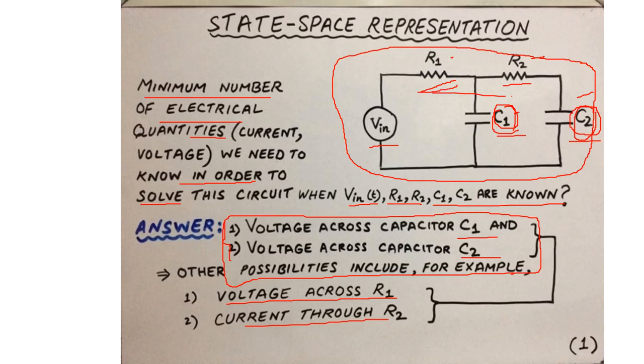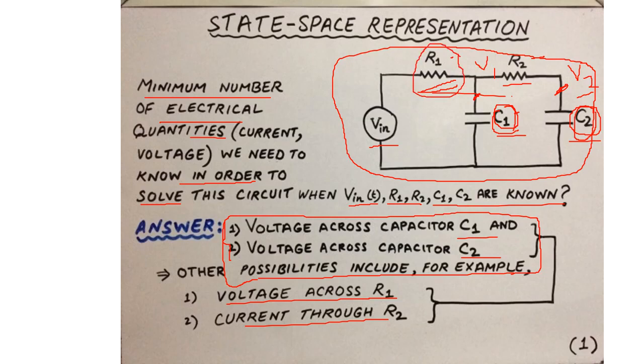The other way to think about it is to say, look, we can easily solve this circuit if we know the instantaneous value of the voltage across capacitor C1 and that across capacitor C2. If I know the instantaneous voltage values such as V2 here and V1, then the circuit is solved because I can easily calculate the current through R1. I know the voltage will be Vin minus V1.